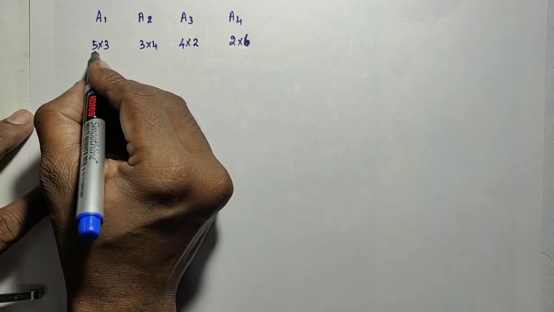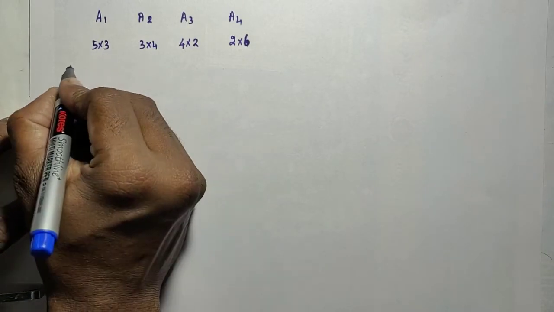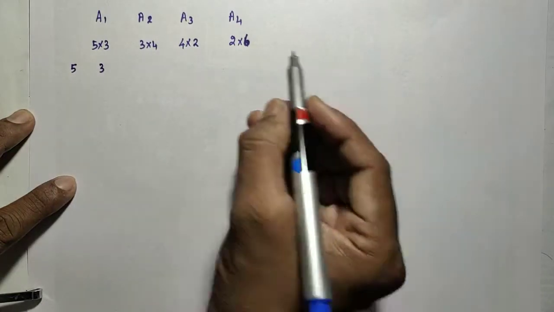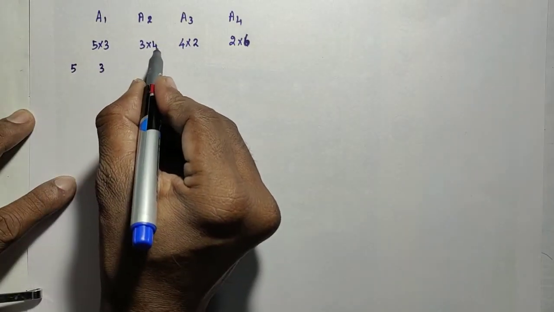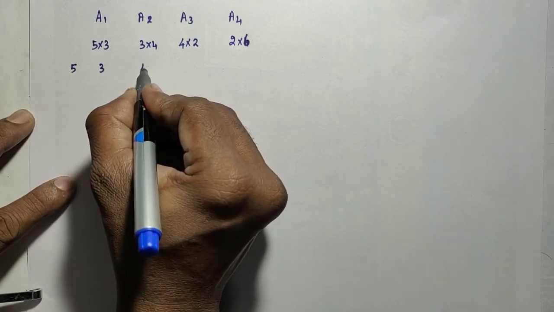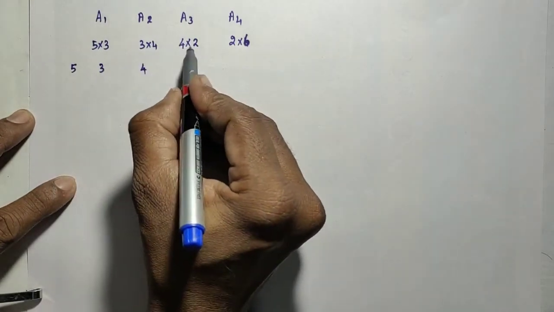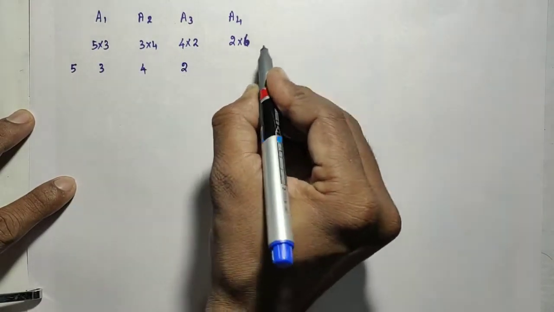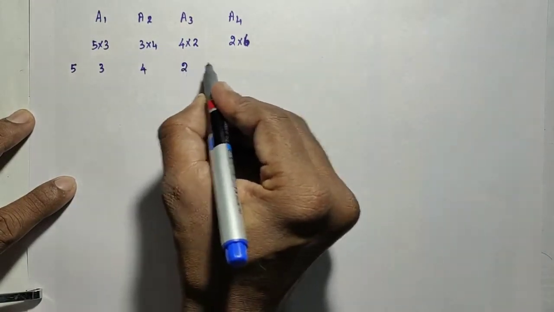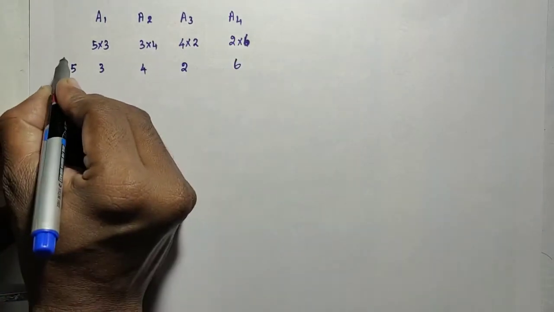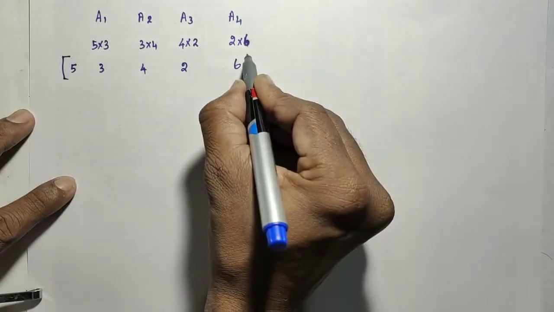The first matrix dimension is 5 and 3. The second matrix is 3 and 4, so 3 is already given, and 4 alone we need to store. Third matrix 4 by 2: 4 is already there, so 2 alone we need. And then 2 by 6: 2 is there, only 6. So 5, 3, 4, 2, 6. This array is the input.